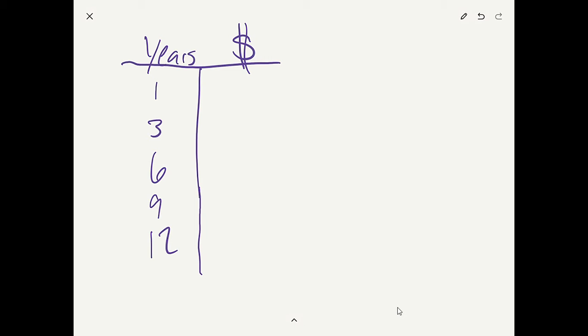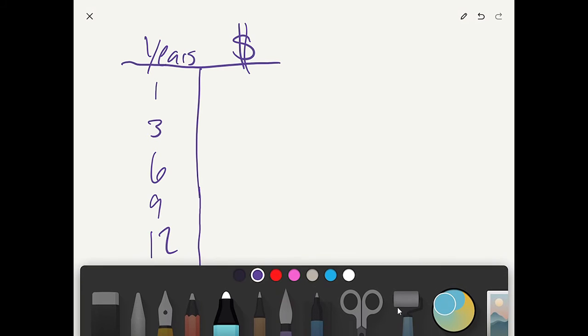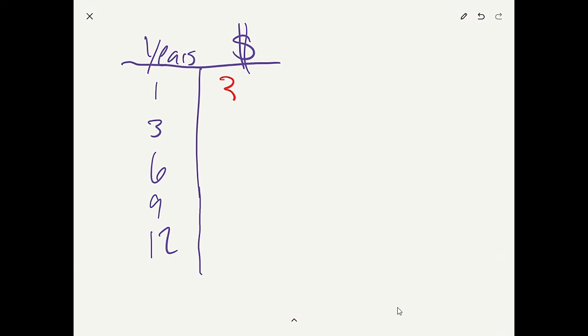And all of this information I'm about to ask you is in the problem that we just read. So how much money did Sally have in her bank account after 1 year? $312. I'll write this in red. How much did she have after 3 years? 340.